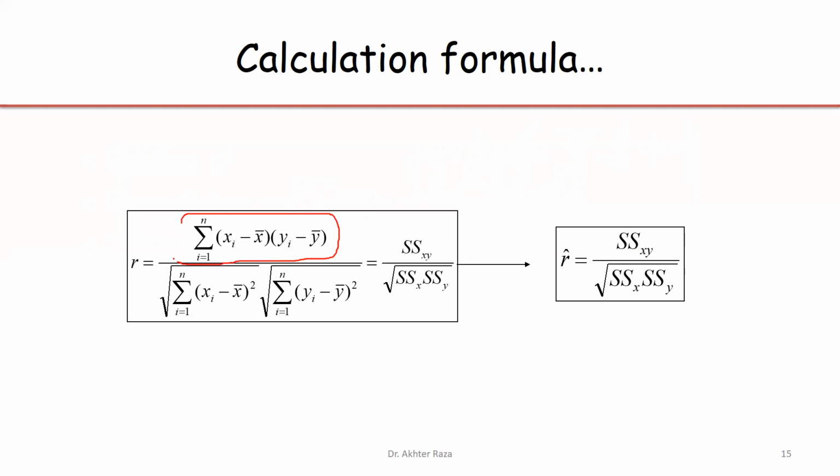So SSXY is the sum of the product of x minus mean and y minus mean. And it is SSX and SSY in the square root, because these are the numerators of the formulas of variances.